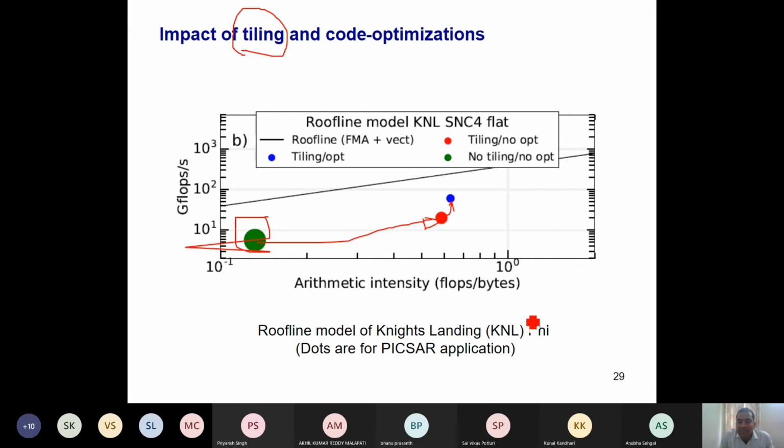This is from a certain figure, a repeat of what we already showed, taken from a paper. The whole point is they are writing a research paper and showing that originally the Roofline model was here. Then we did this optimization, so the AI improved. Then we did further optimization, and the performance improved further.